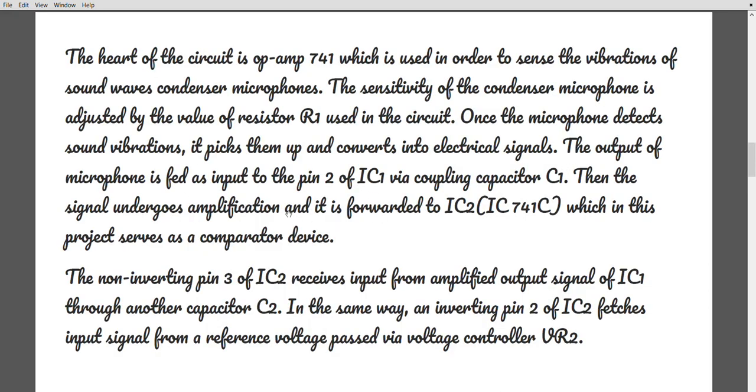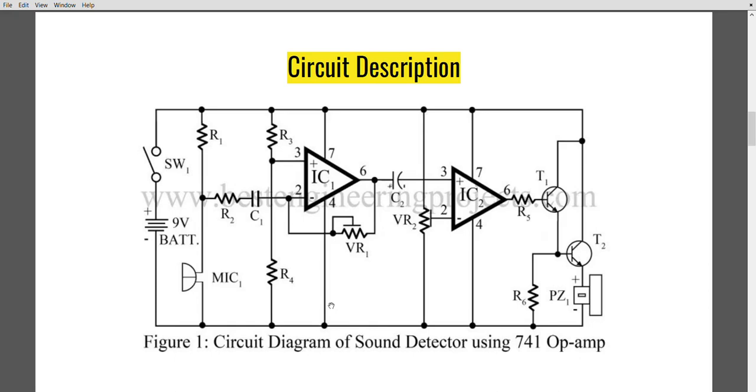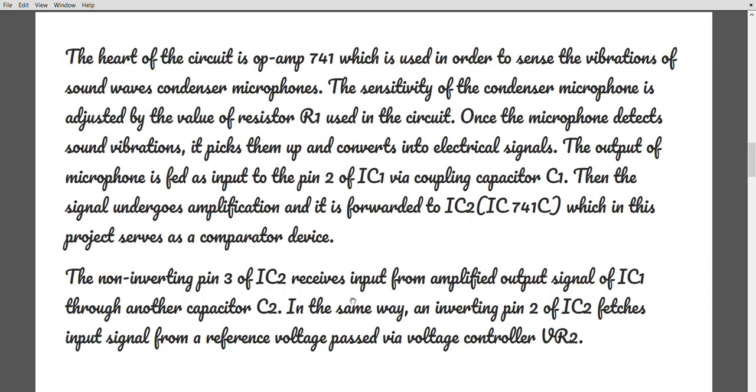Then the signal undergoes amplification and is forwarded to IC2, which in this project serves as a comparator device. The non-inverting pin 3 of IC2 receives input from the amplified output signal of IC1 through another capacitor C2. So here you can see IC2 and C2.